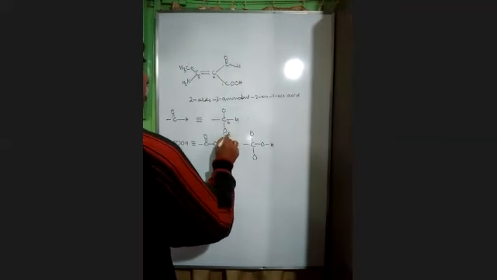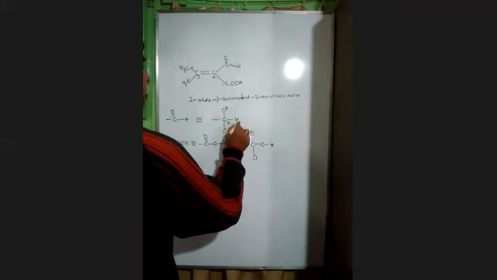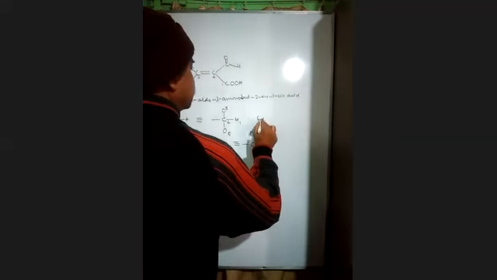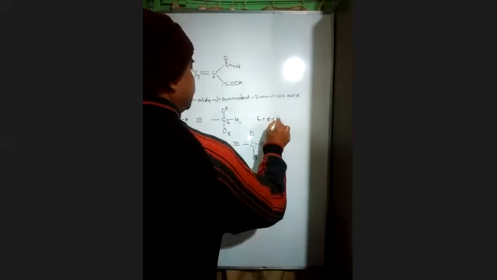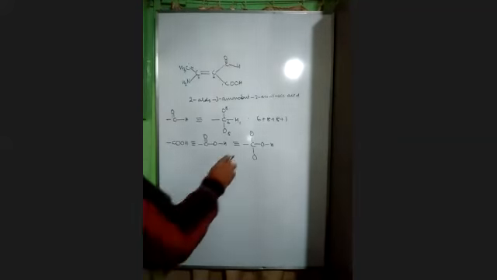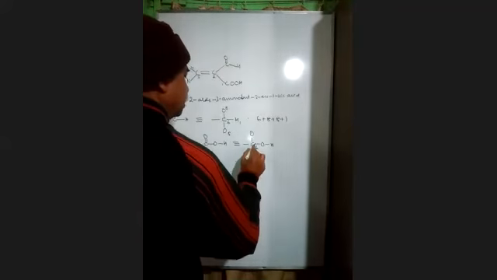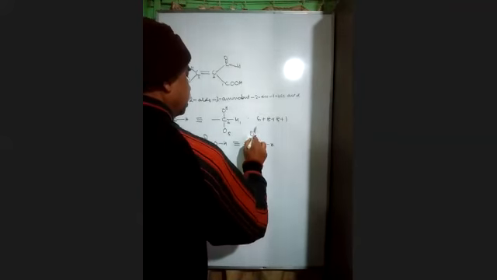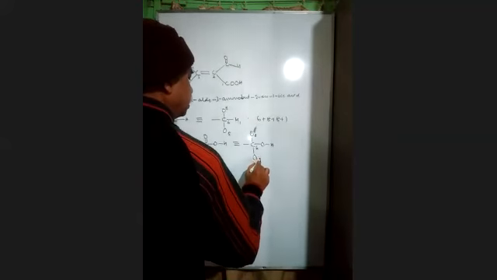6, 8, 8, 1 atomic number. So I'll write now here 6 plus 8 plus 8 plus 1. What should I write now here? This is 6, this is 8, this is 8, this is 8.